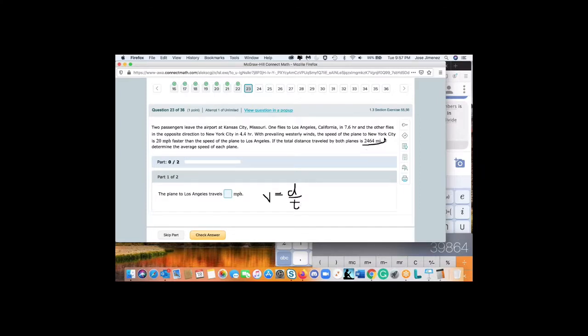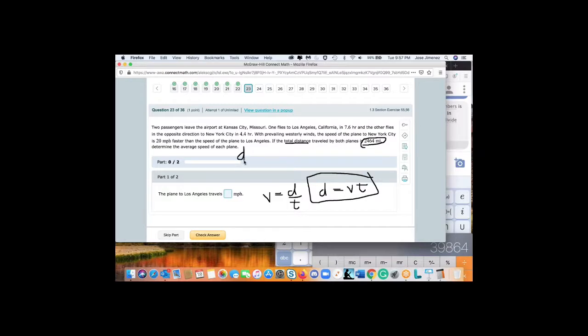If you see right here, it's given the distance already, and this is the total distance. So the distance is equal to VT, and that's the formula we need to work with.